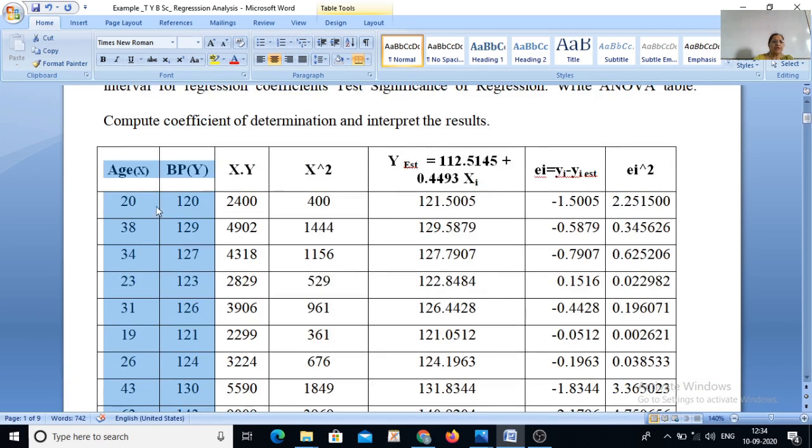Okay, now I am using MS Excel to compute all these sums and sums of squares. So in MS Excel I just put x into y here, so that will be my product of two variables, and here x square. We don't need y square, so I have not computed it here, but I need x into y and x square.